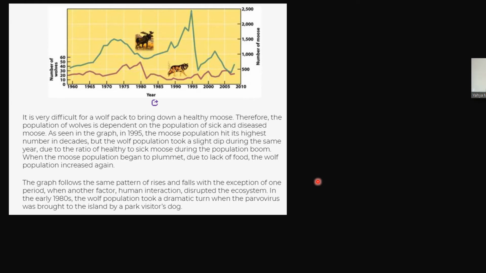Now, one thing they're showing over here is the early 1980s. You see that in the early 1980s, there was a sudden dip. There was a new kind of virus, parvovirus, brought by a park visitor's dog. You see that when this one virus came in, suddenly the population tanked.